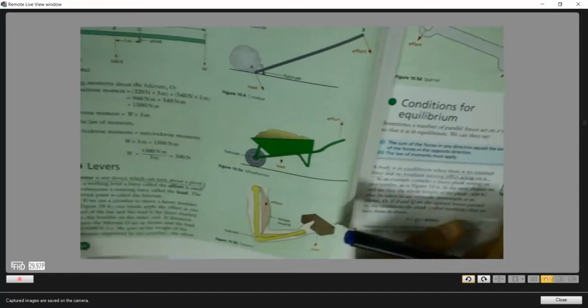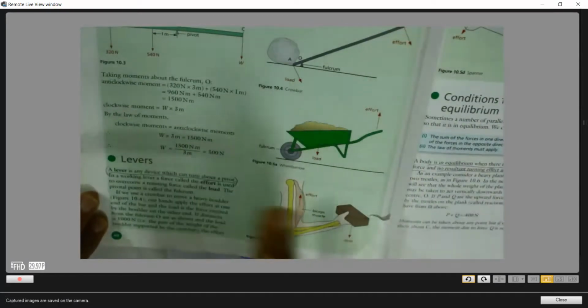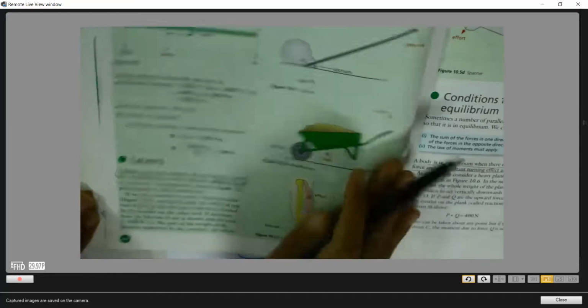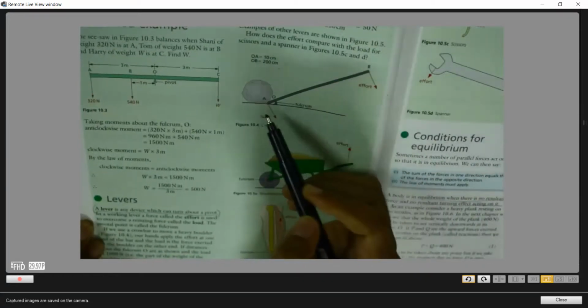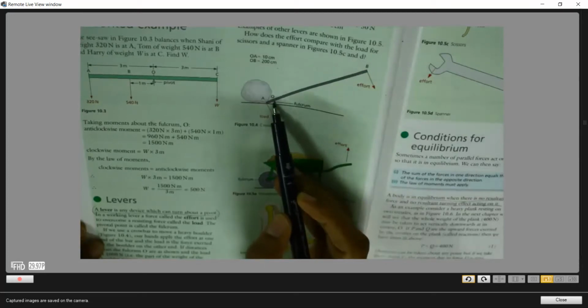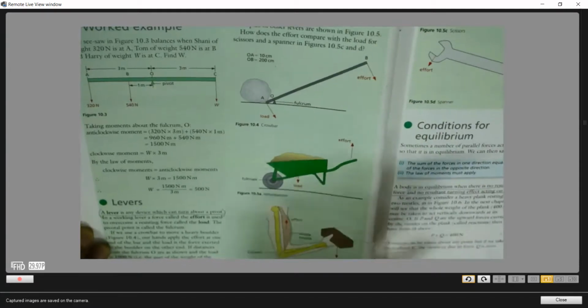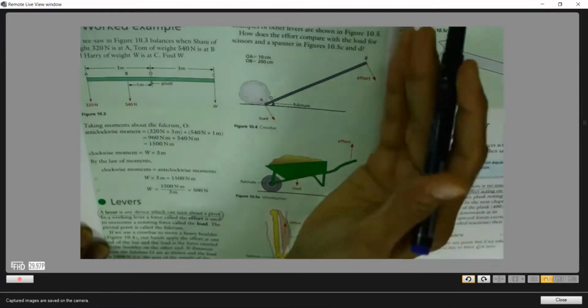Okay, and then there's this levers part, lever. Now, don't be confused by this. The same phenomenon is working here as well. So you have two forces. They have a turning effect about a pivot or fulcrum, okay? Effort is what you are applying. Effort is usually the force that you are applying to get something done.